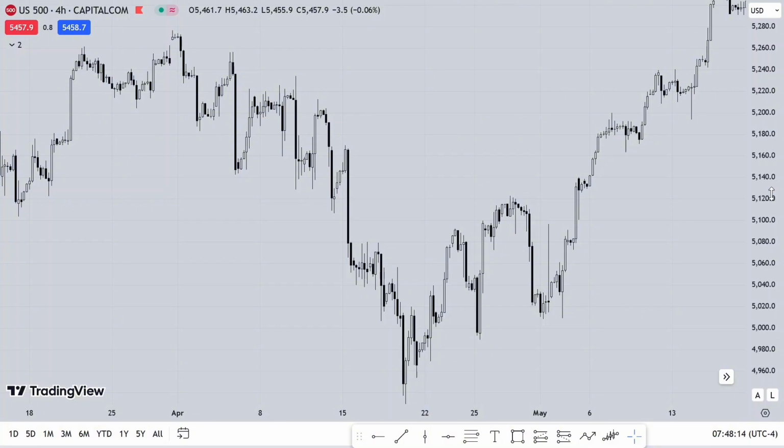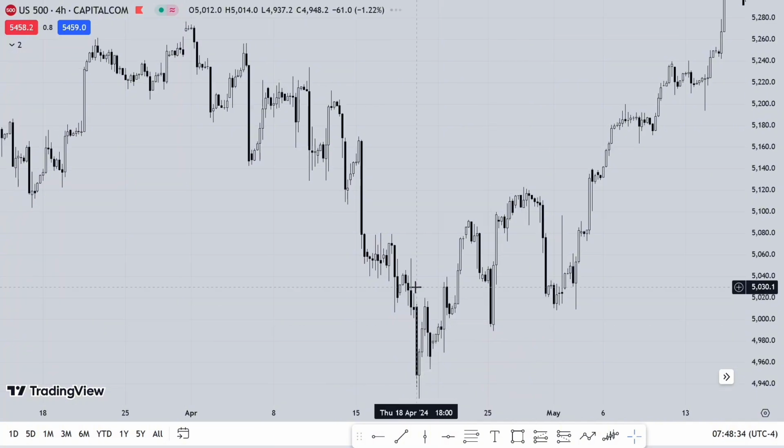So during this manipulation, when price retraces, it goes to a balance and imbalance or into another block. For example, when this last down close candle was made, you map out the eye of the candle.